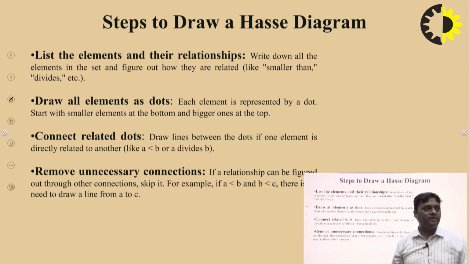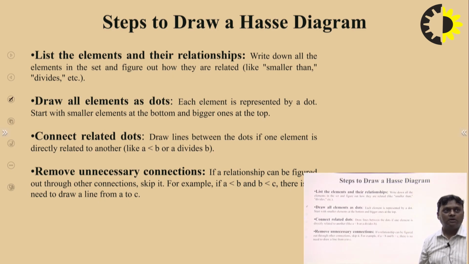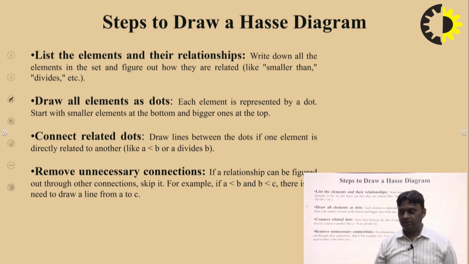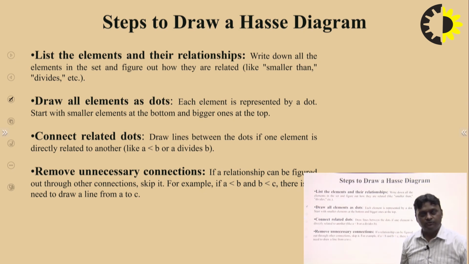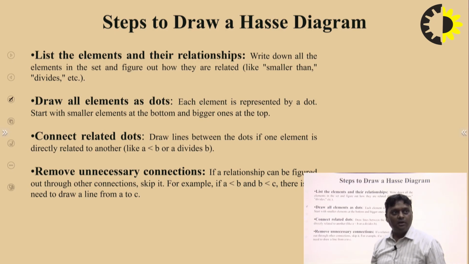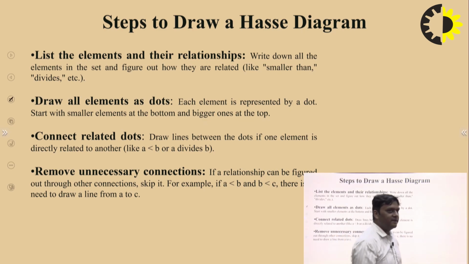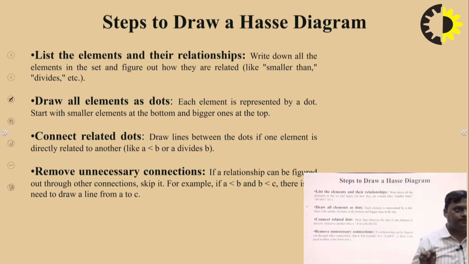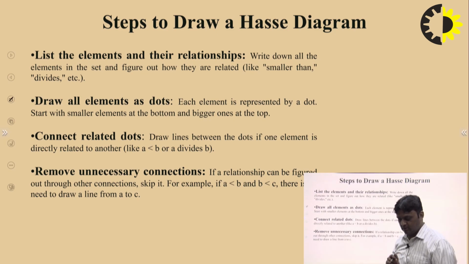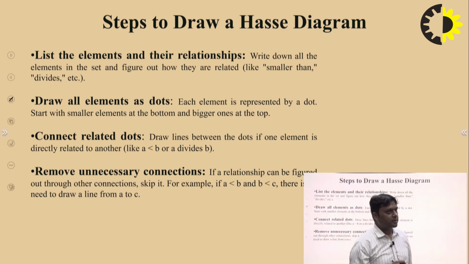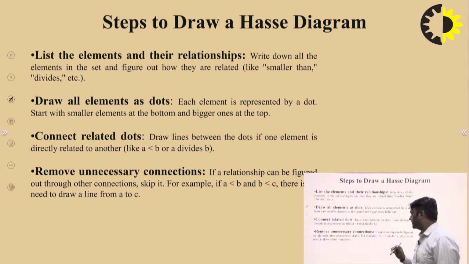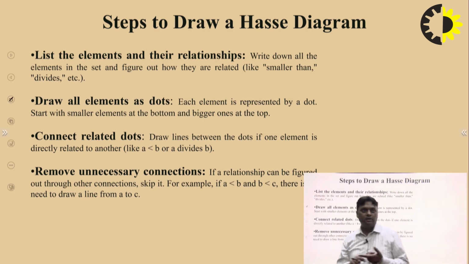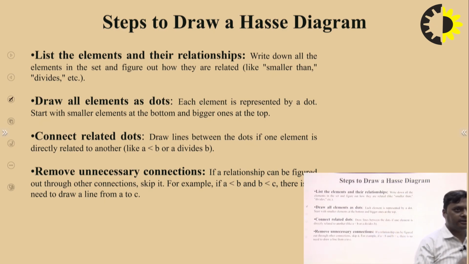Write down all the elements in the set and figure out how they are related: less than, greater than, divides, whichever operation we apply accordingly. Then draw all elements as dots. Then connect related dots, means draw a line between related dots.